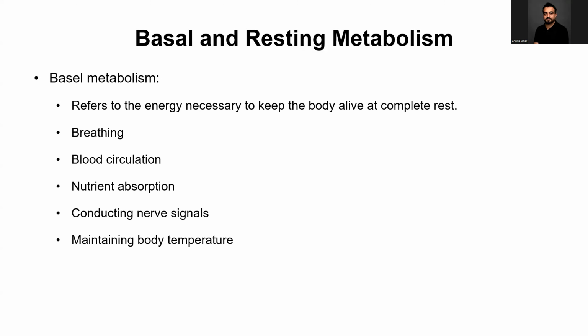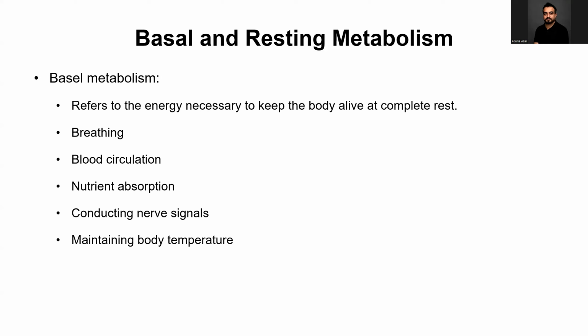There are two different concepts here. We have basal and resting metabolism. And there is a slight difference between these two. So when we say basal metabolism, it refers to the energy necessary to keep the body alive at complete rest.